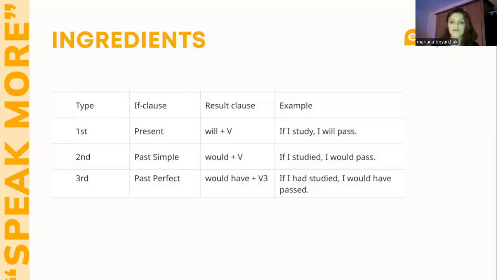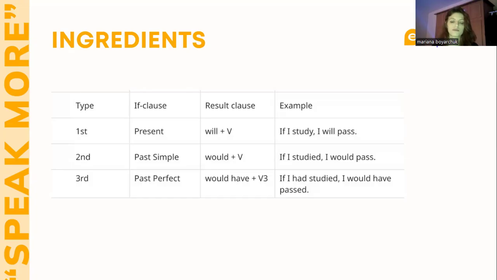If I study, present tense, I will pass, will plus verb, which means future. Then the second type: past simple in the if clause and then would plus verb in the result clause. If I studied, I would pass. If I studied, past simple, I would pass, would plus verb.